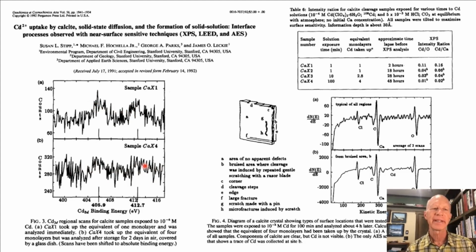We've actually proven that the cadmium didn't come off the surface. It's actually gone into the calcite, so deep, a number of nanometers or more deep, up to microns, that it's not observed by surface-sensitive spectra like XPS. So these peaks go away. So, again, is the cadmium going to come off the surface?